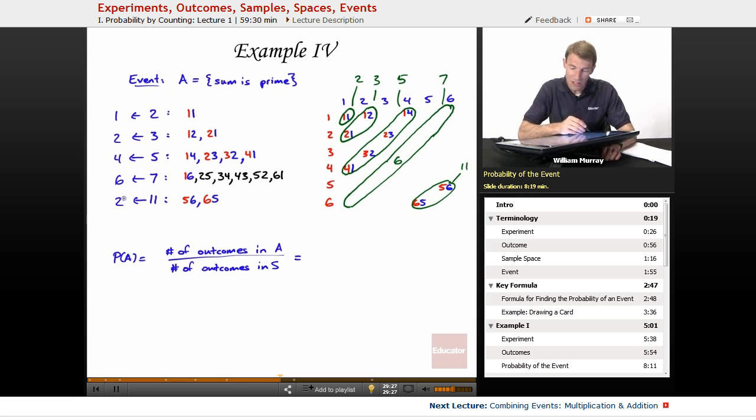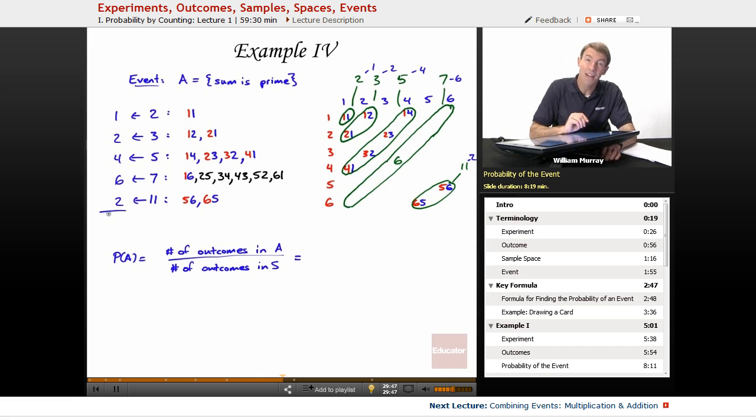And again, I can check these numbers by looking at the lengths of these stripes over here. So 7 has a stripe of 6, 5 has a stripe of 4, 3 has a stripe of 2, 2 has a stripe of 1, 11 has a stripe of 2. So those correspond to these numbers here.